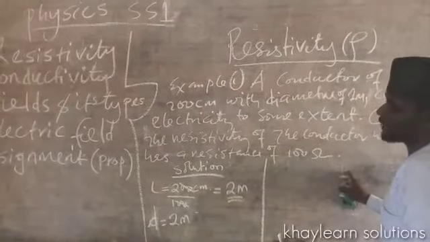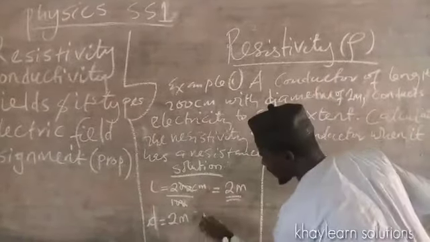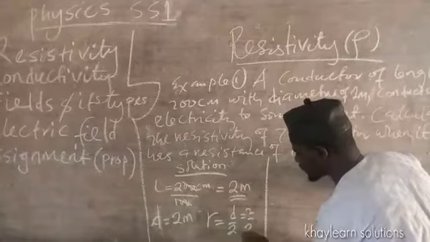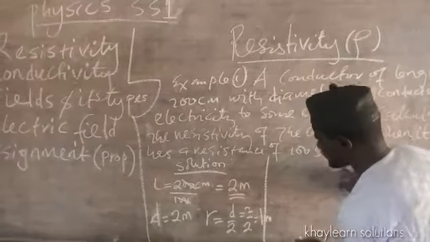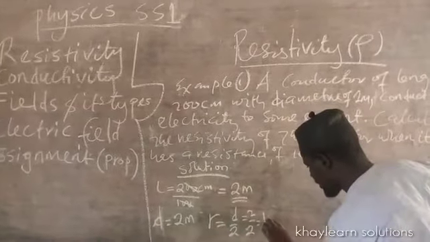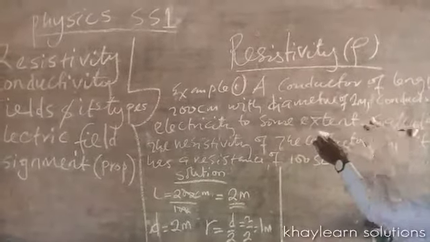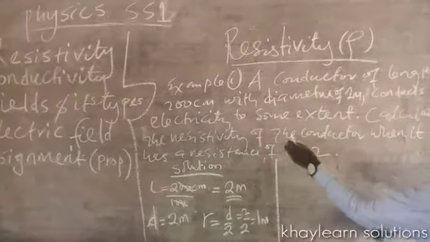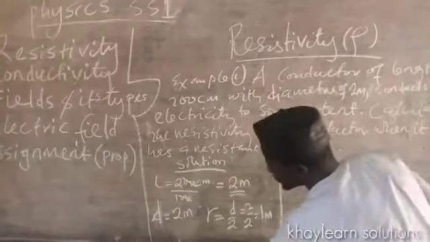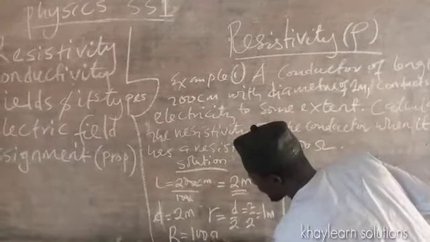Since the formula involves area and the area involves radius, we get the radius r equals diameter divided by 2, which gives 2 divided by 2, which gives just 1 meter. After the diameter, it says calculate the resistivity of the conductor when it has a resistance of 100 ohms. Then the resistance equals 100 ohms.